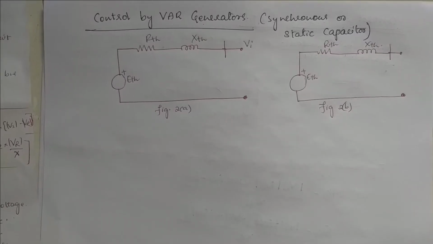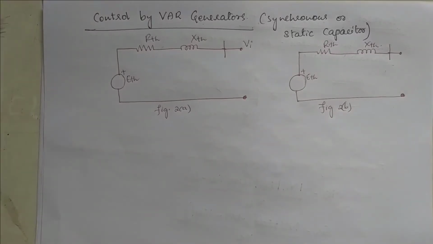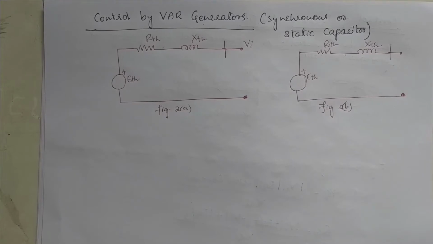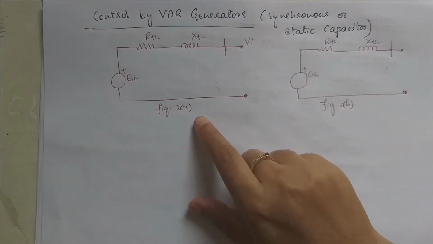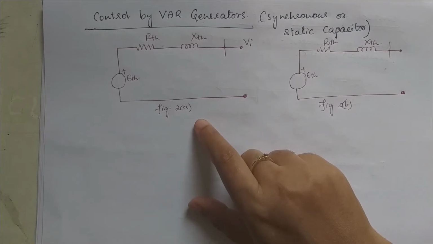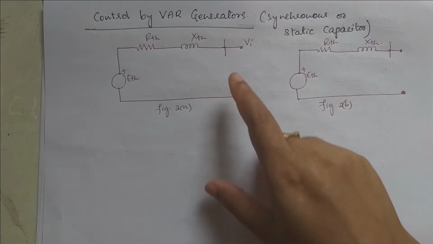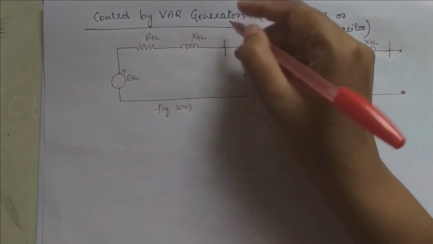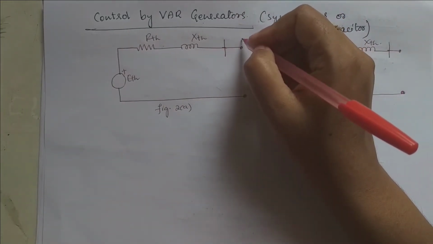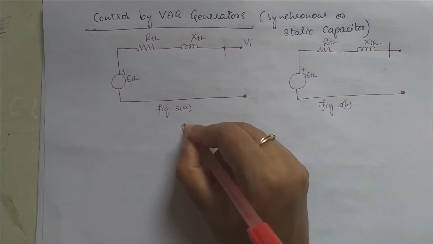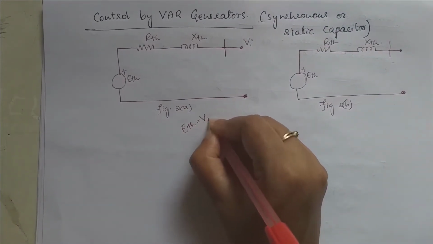The next topic is control of voltage by VAR generators and synchronous or static capacitors. We will consider figure 2a, which shows the Thevenin equivalent circuit of the power system as seen from the ith bus, so that ETH is equal to VI.